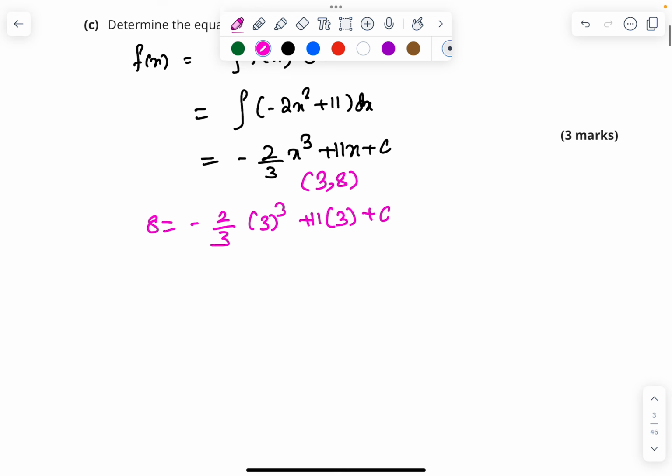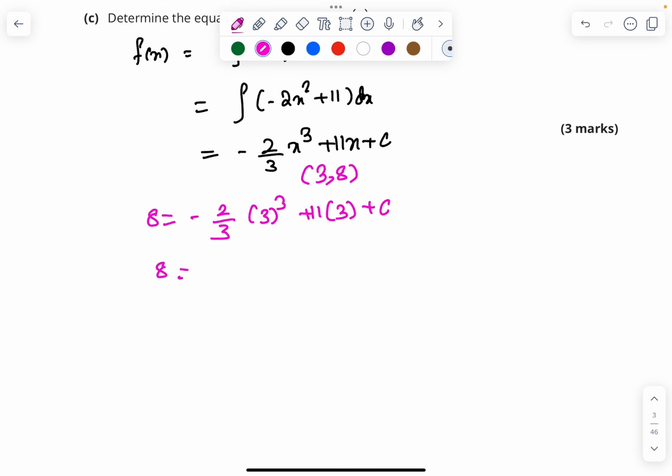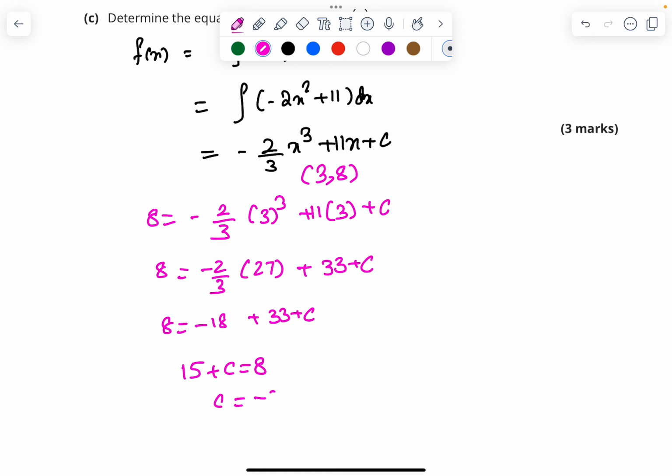So 8 equals negative 2 upon 3 times 27 plus 33 plus c. So 8 equals negative 18 plus 33 plus c. So 15 plus c equals 8. So c equals negative 7. So what is the equation now? y equals f of x equals negative 2 upon 3 x cubed plus 11x minus 7.